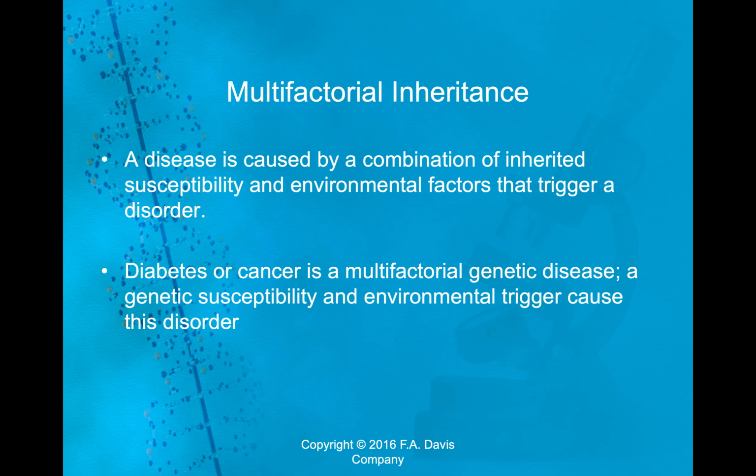So multifactorial inheritance basically is what we've been talking about, where you have a combination of genes that come together to produce the outcome. Diabetes or cancer is a multifactorial genetic disease. In other words, like I said, a lot of times you have around 7 or 8 mutations in a cell before it actually develops cancer.